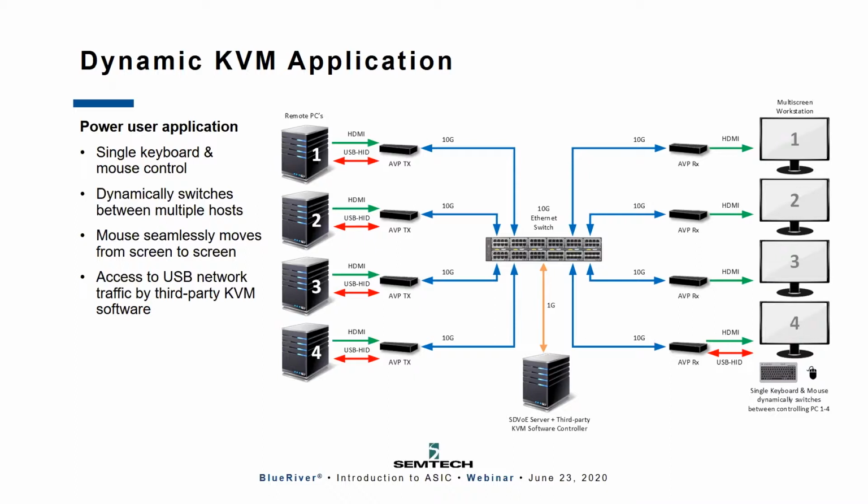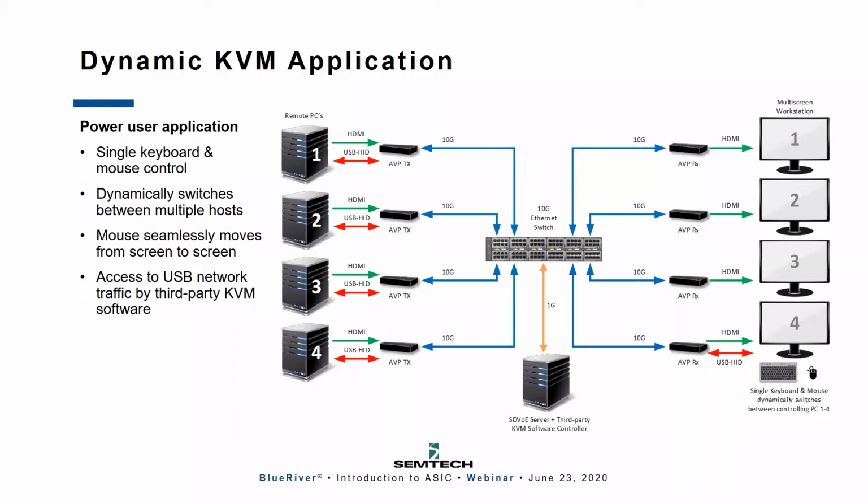And what happens is that when you connect that USB keyboard and mouse to the receive box that's at the bottom right there, the traffic that's generated out of that box is then intercepted by this USB KVM server, and it determines what to do with that. So for example, it will know that when the mouse is on screen 1, it should be connected to remote PC 1.